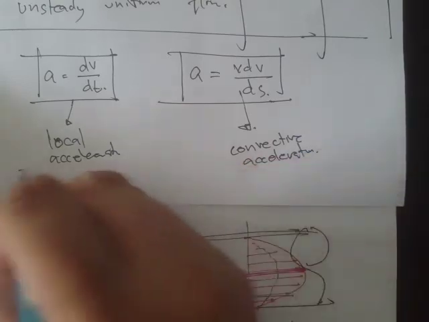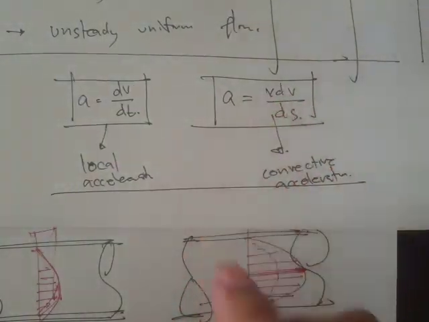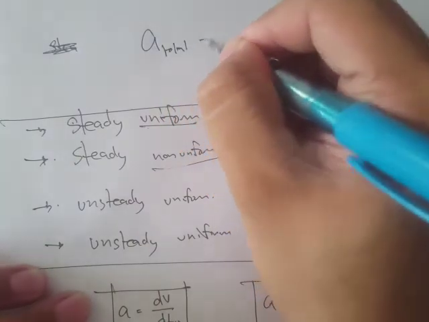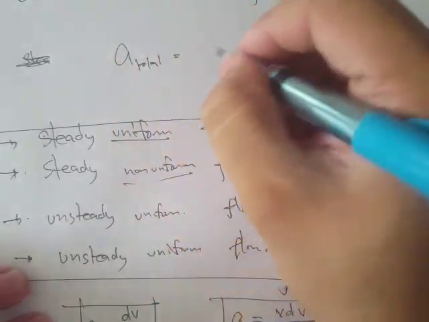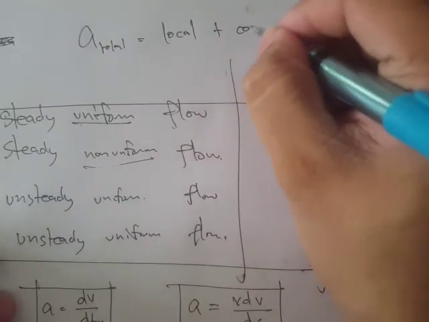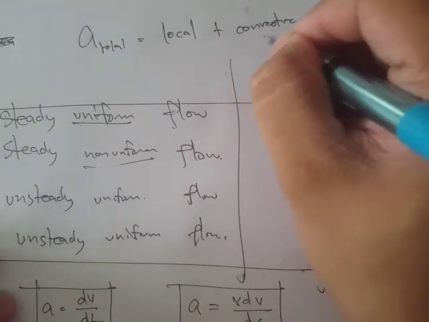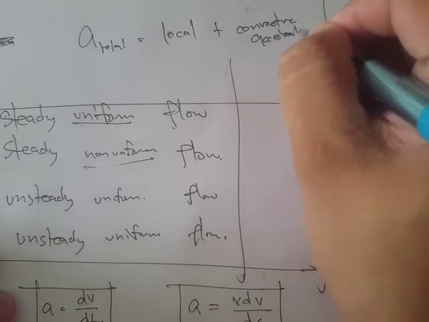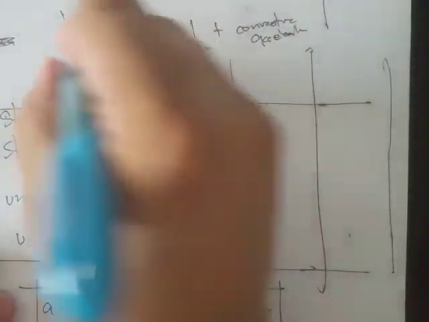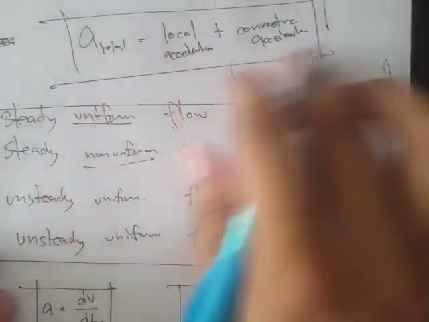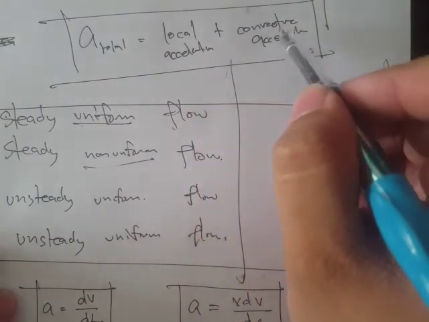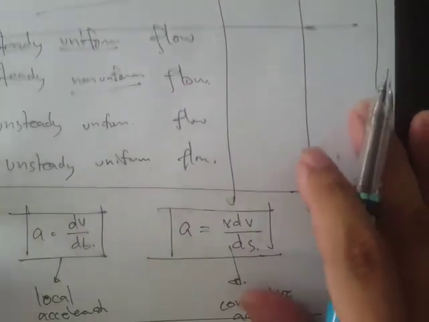Therefore, the actual equation for the acceleration is that total acceleration is simply the local plus the convective acceleration. In this expression we take into account the variation with respect to time, and then the variation with respect to space.